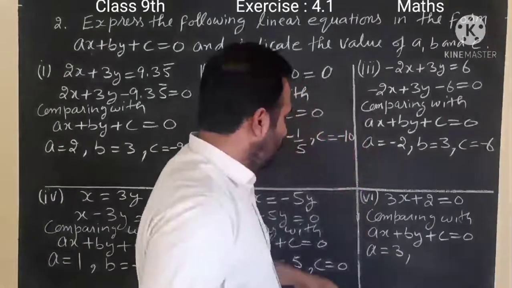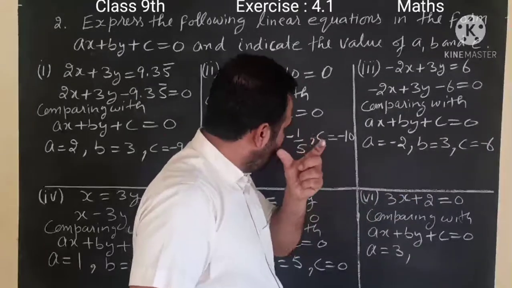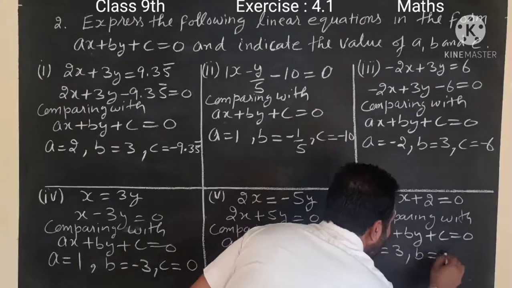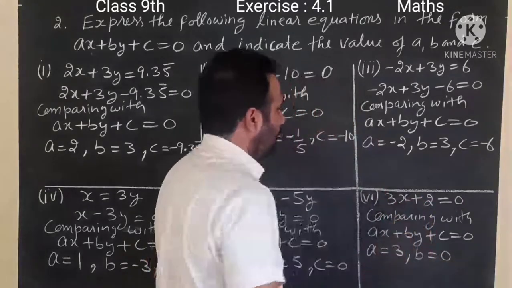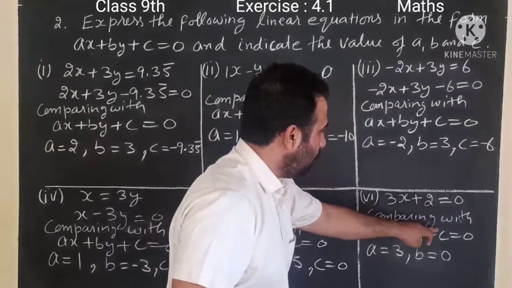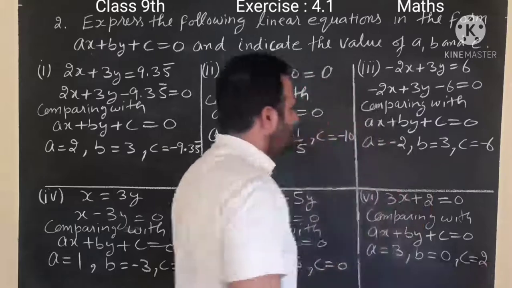Okay, so there is no y variable, so y variable is missing, so the value of b is 0. Okay, there is only constant number and x variable, so the value of c is 2.